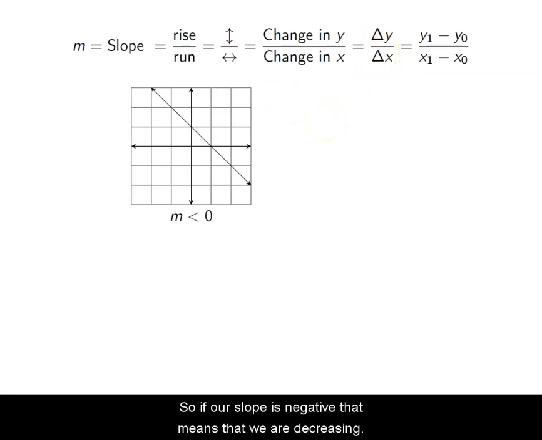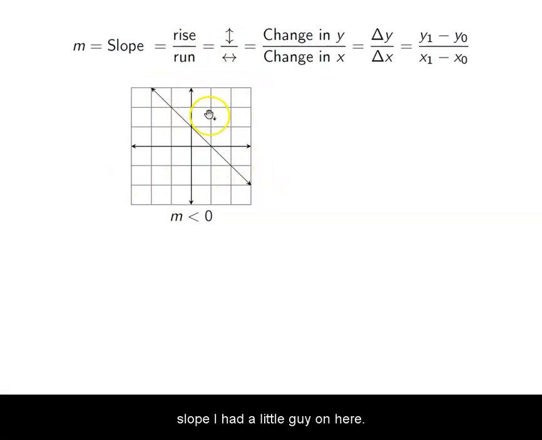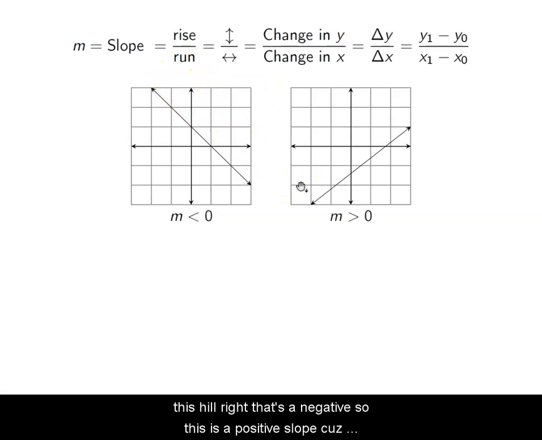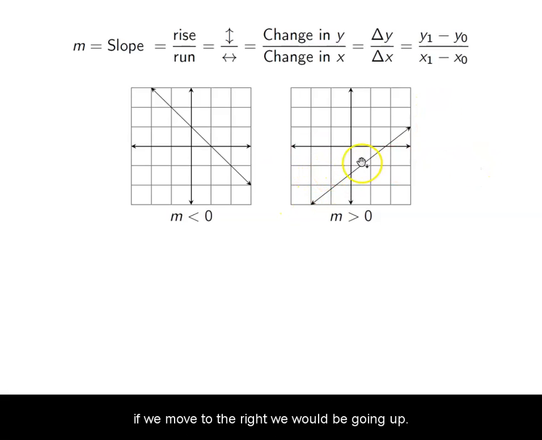If our slope is negative, that means that we are decreasing as we move forward in time. So this is a downward slope. If I had a little guy on here, as I progress to the right, they would slide down this hill. That's a negative slope. This is a positive slope because if we move to the right, we would be going uphill.